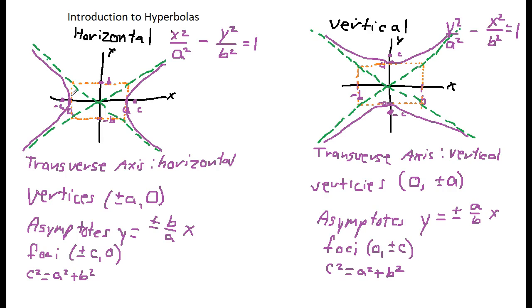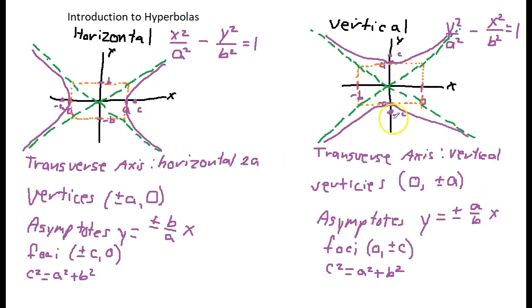All righty. Now, you notice this distance from a to a there. This is a units, so my transverse axis is 2a units. So I'm going to put 2a units.